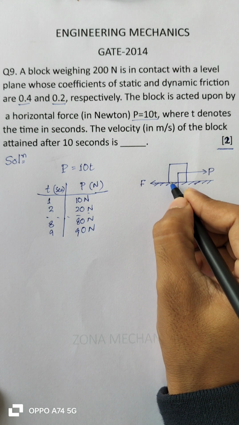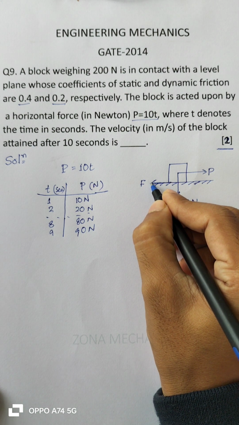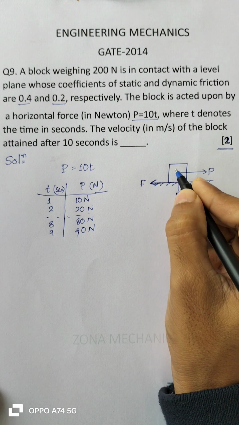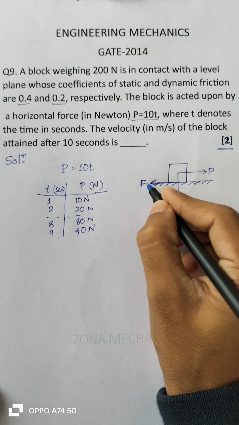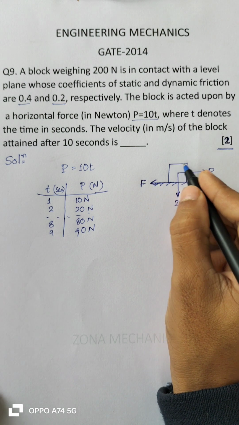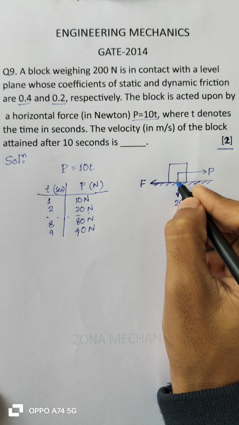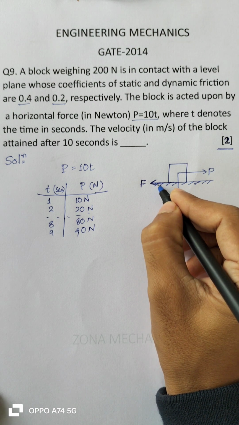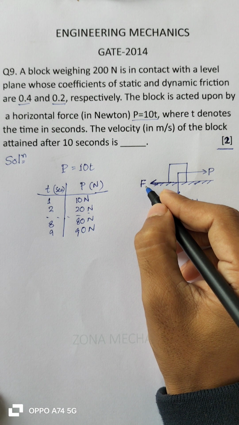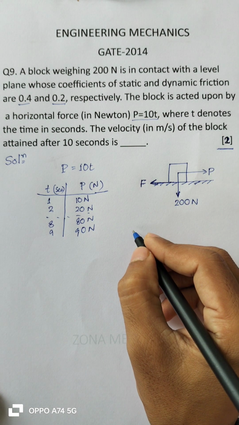Suppose the frictional resistance acting on the block is F. Clearly, before starting sliding, the block will experience maximum limiting friction or static friction.